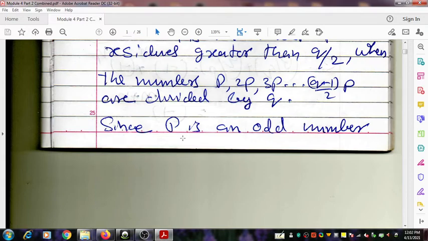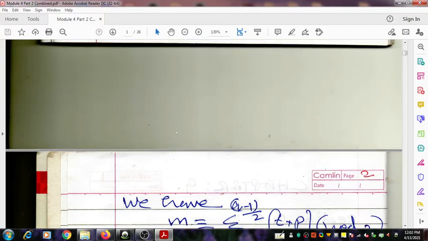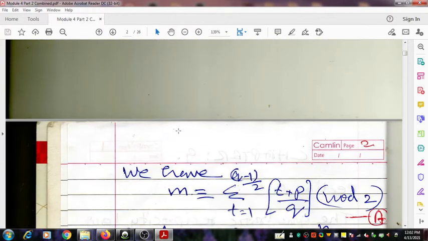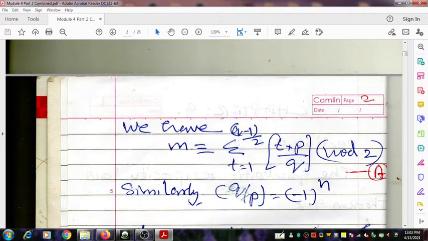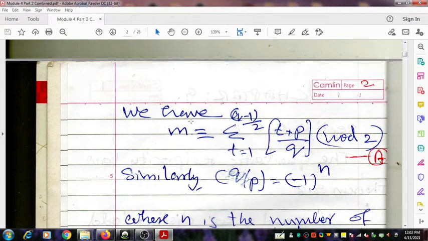Since p is an odd prime number, we use the second part of Theorem 9.7, which has a second part.